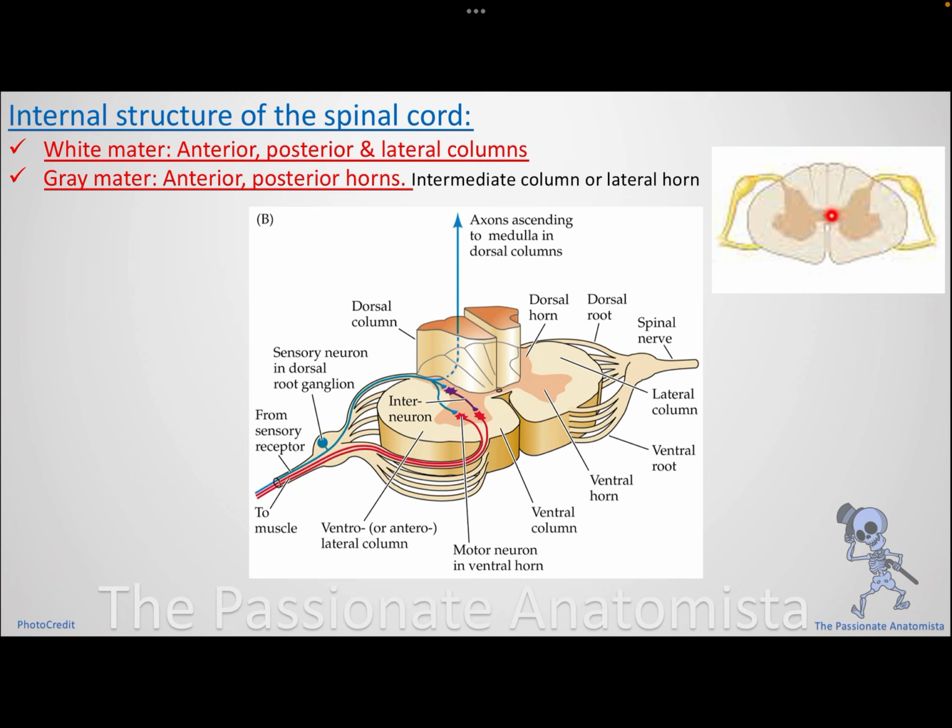In the gray matter, you either have in the sensory part here the nuclei, which are the start of the second order neurons, or you have in the motor part here the cell bodies of the lower motor neurons for the motor. Okay, and in the middle we have the autonomic fibers.